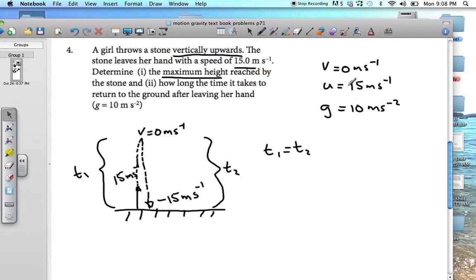But if I'm saying that my U is positive, then I must say my G is negative because it's in the other direction. Therefore, I can use my formula V is equal to U plus GT. That's equal to 0, so T is equal to, we take the U to the side, it becomes minus 15, and I divide by minus 10, and I get my time is equal to 1.5 seconds.